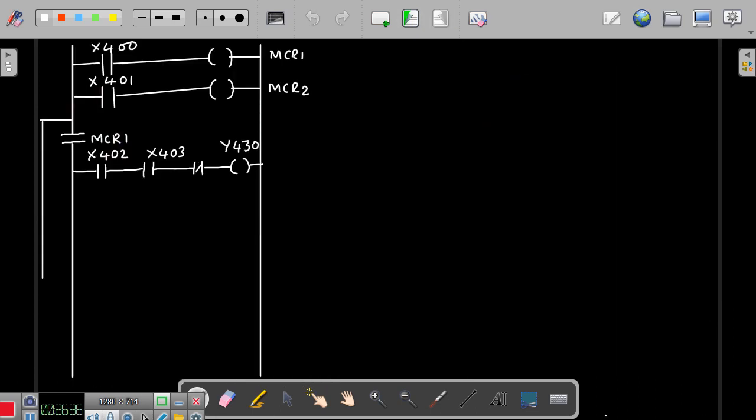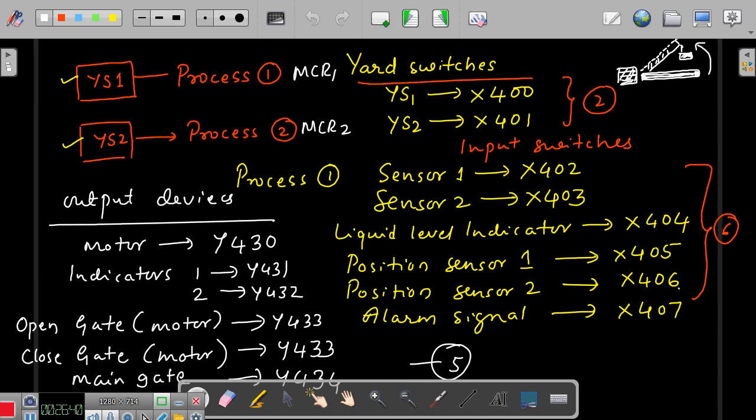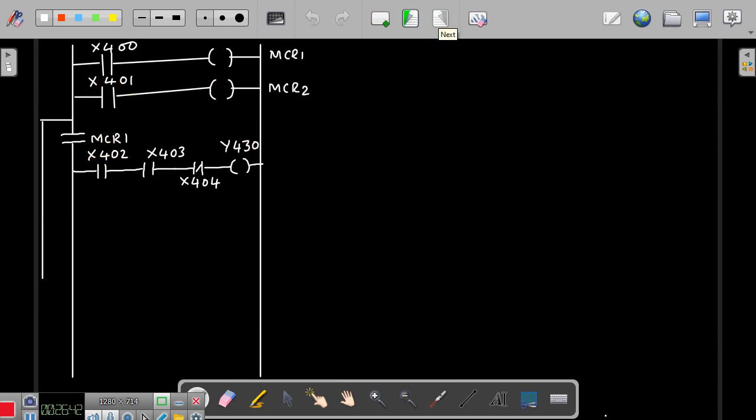So this liquid level indicator is X404. Let me see, X404, and I have to keep this in the latched operation. So therefore this is Y430. Please recall this. The momentary closure of X402 and 403 simultaneously would turn on the motor Y430.